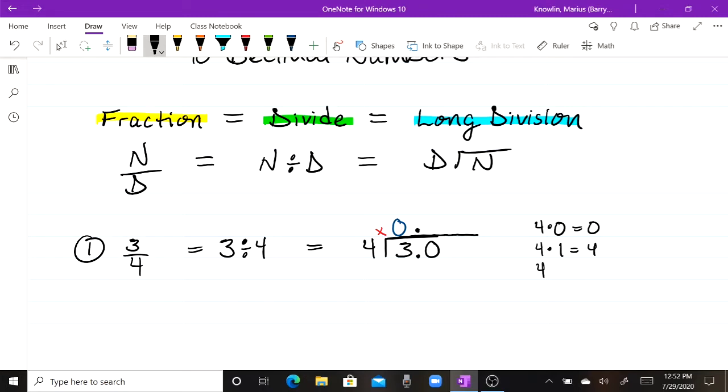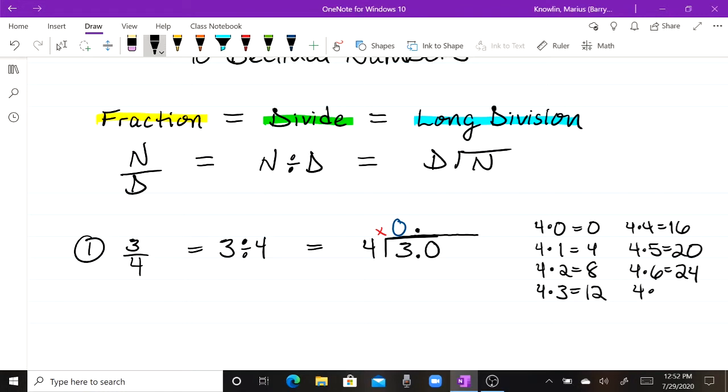Okay? So 4 times 2 is 8. 4 times 3 is 12. 4 times 4 is 16. 4 times 5 is 20. 4 times 6 is 24.